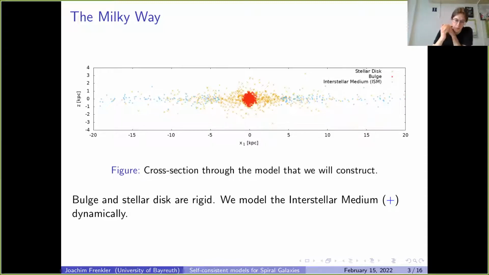And then we have the third component of our galaxy model. We have the interstellar medium. This component I model dynamically. It stretches out to about 20, 21 kiloparsec, and it has a central hole with a radius of about 4 kiloparsec.